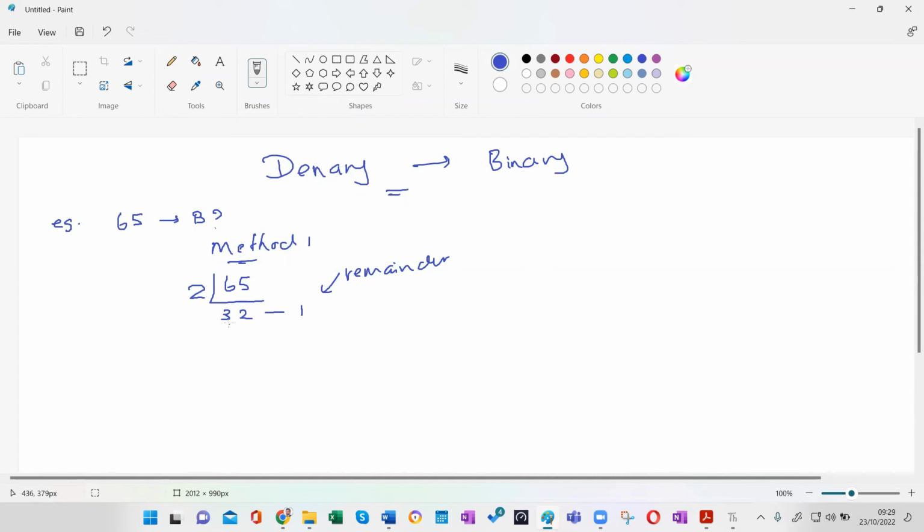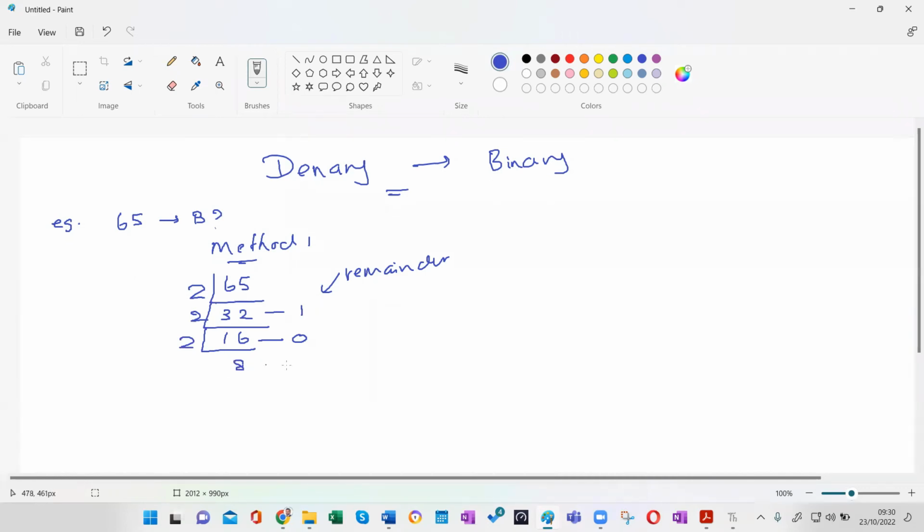Still, it is divisible by 2, so we divide again by 2. There are 16 twos, and the remainder is 0. Again, put the remainder right in front of it. Understand, all of you? Yes, sir. Still, we can divide. We continue dividing by 2 until it is not further divisible by 2.